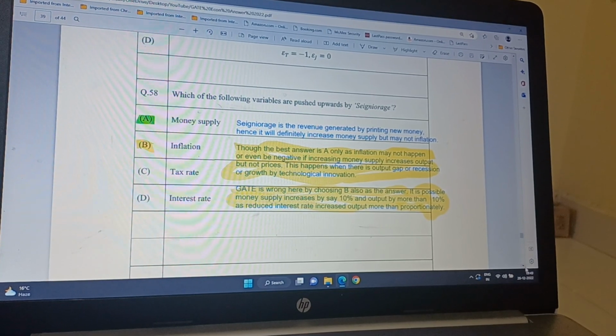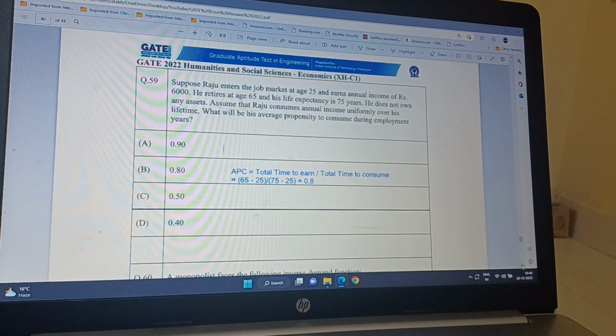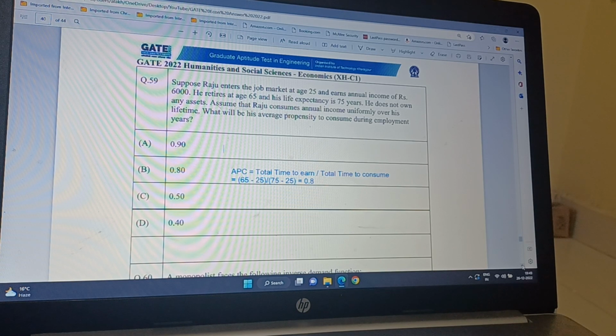Now I go to the next question, and this is question number 59. It says, suppose Raju enters the job market at age 25 and earns an annual income of rupees 6,000. He retires at age 65 and his life expectancy is 75 years. Means he has still 50 years to live.